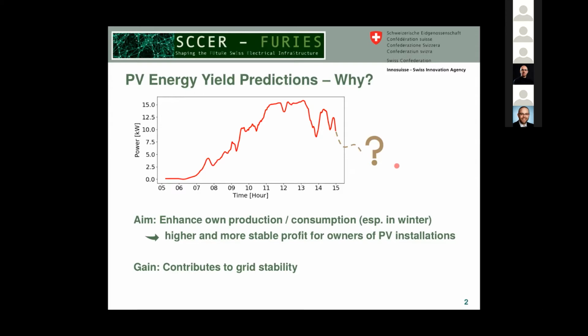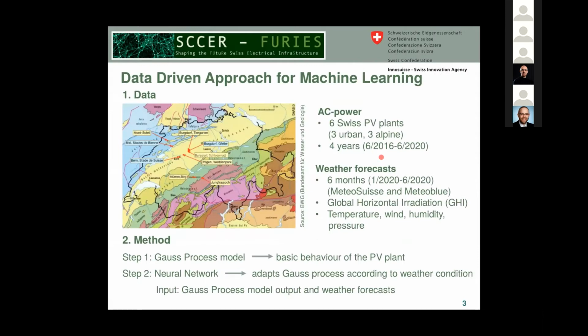For our approach, we had two different kinds of data available. On the one hand, we have AC power recordings, depending on the plant, going back 20 or 25 years now. So we selected 6 Swiss PV plants that we recorded at our PVLab during the last years.